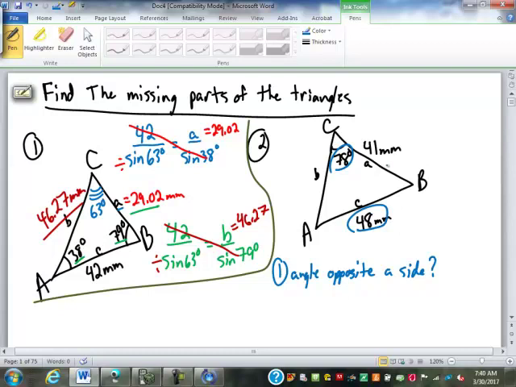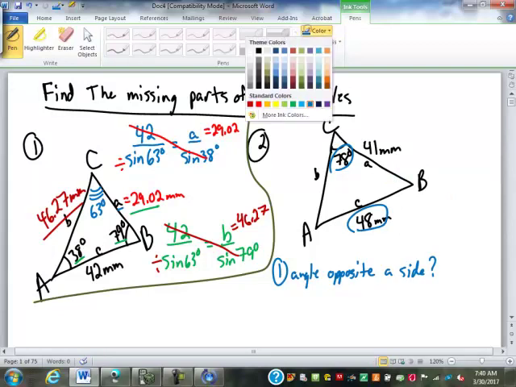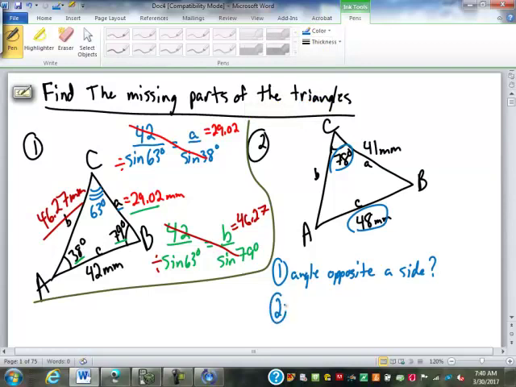The one possibility is if the angle is between the two sides, we cannot use the law of sines. The next question we want to ask before we jump in and solve this is: from the angle, is the opposite side shorter than the other side?